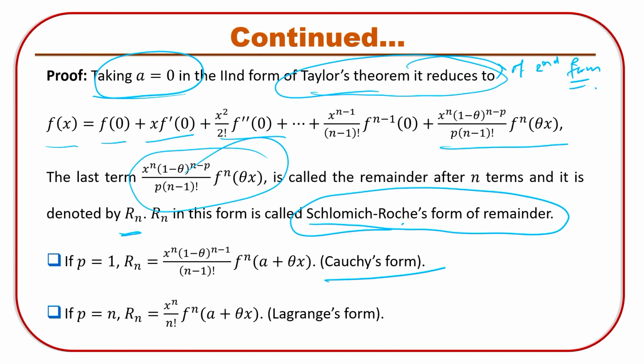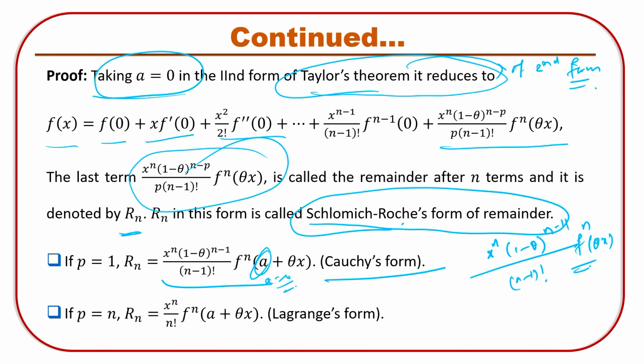The Cauchy form of that remainder Rn can be easily written here. See here, put p equal to 1. So, this comes out to be x to the power n into (1 minus theta) to the power n minus 1 divided by (n minus 1) factorial, and this comes out to f to the power n of theta x, since a equal to 0 here.